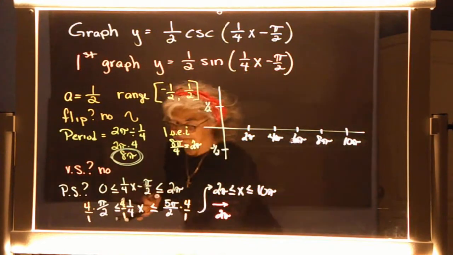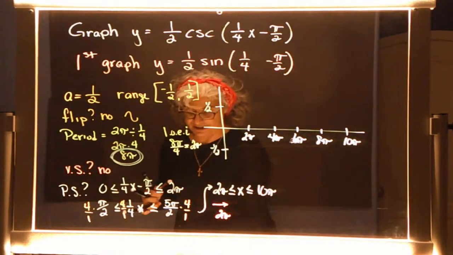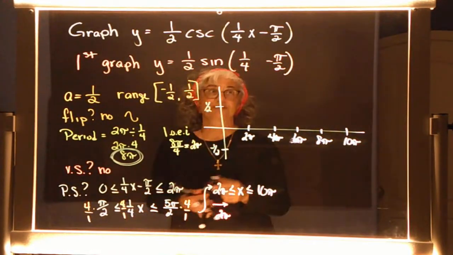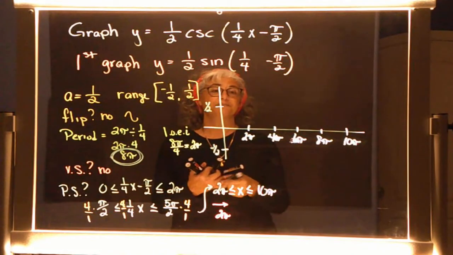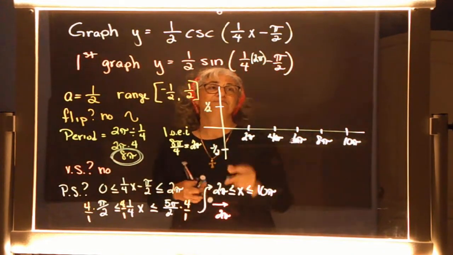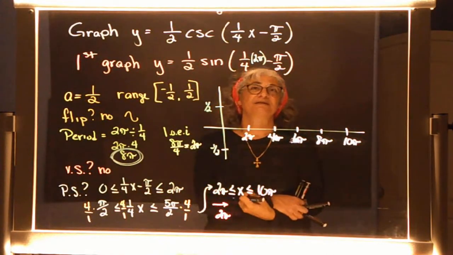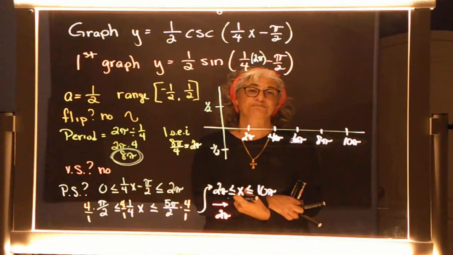Okay, so now let's look. If I take 2 pi, because this is where I'm starting, right? I'm starting at 2 pi. If I take that and plug it in, 1/4 times 2 pi. Yeah, that's 2 over 4.